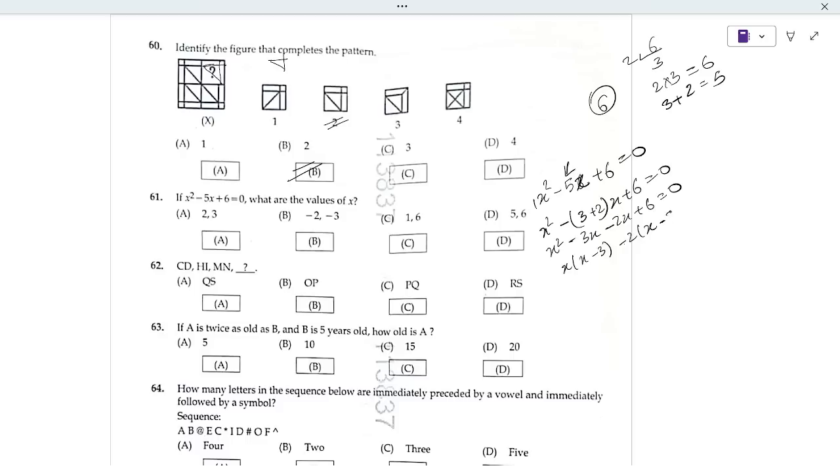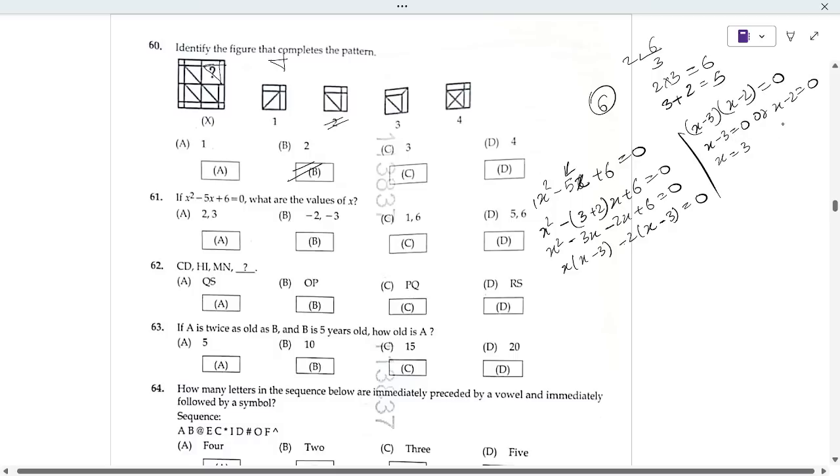Then 2 times 3. So again taking x minus 3 common, we get x minus 2 is equal to 0. That means x minus 3 is equal to 0 or x minus 2 is equal to 0. So x is 3 or x is 2. That means A is the answer.